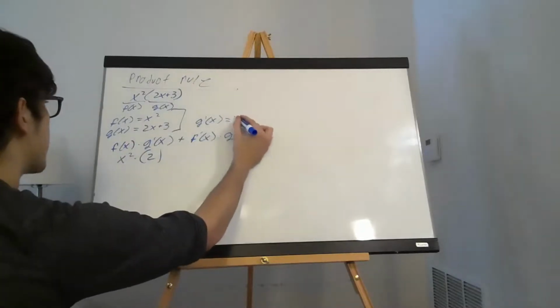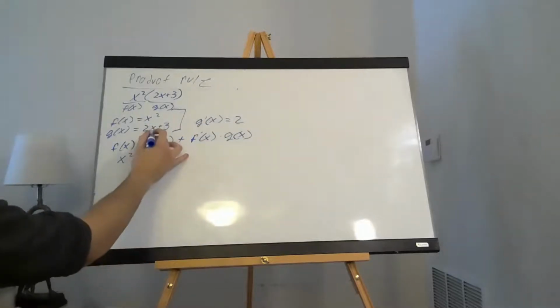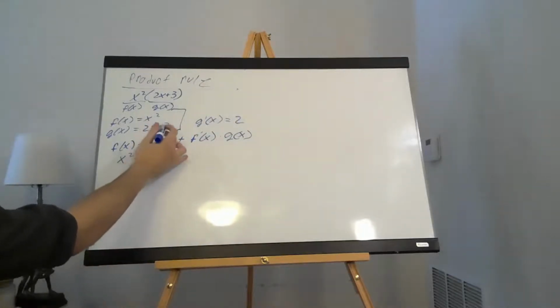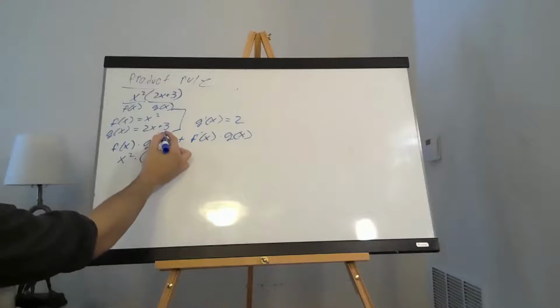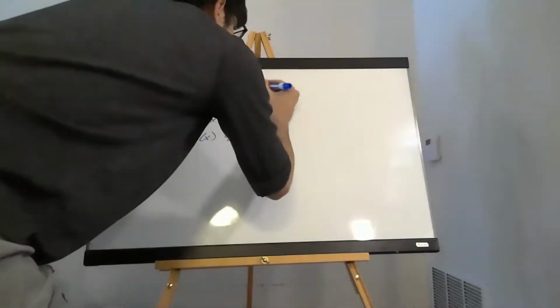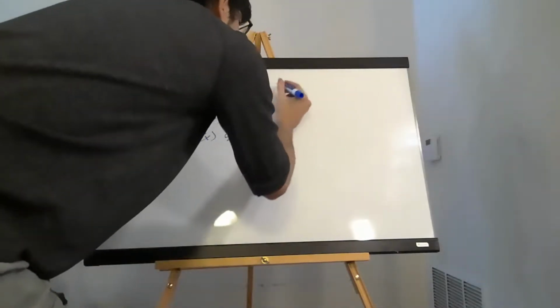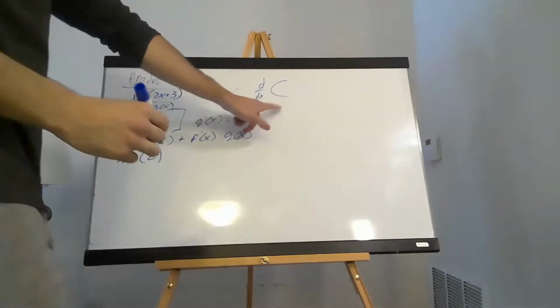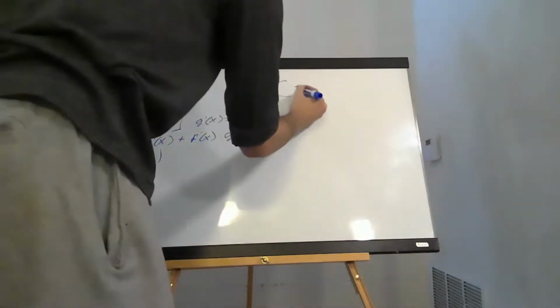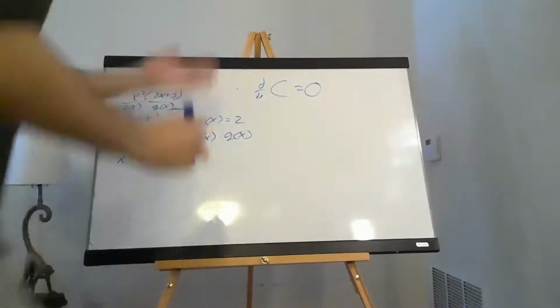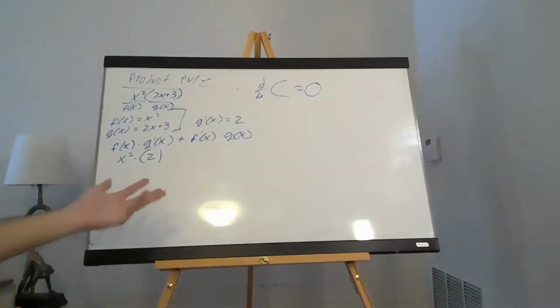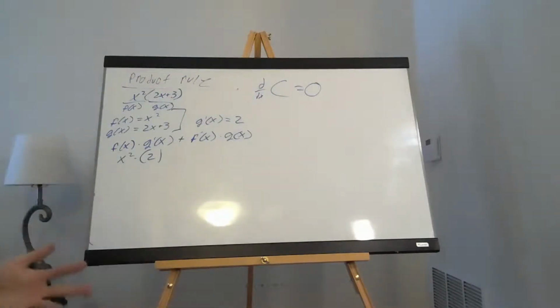But g prime of x is going to be 2 because we're just following the power rule, and we know that the derivative of a constant, we'll say d dx of c, just remember that c stands for constant, is always going to be 0, and that's because there is not a slope to a constant function. We're taking the slope of the slope, but our slope is 0 in that situation.